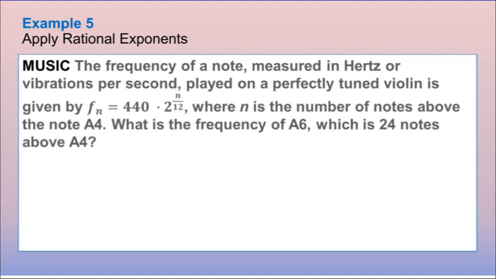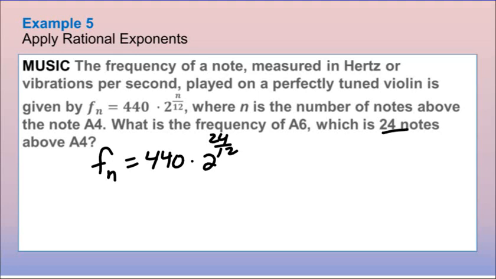Next, the frequency of a note in hertz, or vibrations per second, played on a perfectly tuned violin is given by f subscript n equaling 440 times 2 to the n/12th power, where n is the number of notes above the note A4. What is the frequency of A6, which is 24 notes above A4? So I need to find the frequency when it's 440 times 2 to the 24/12 power.